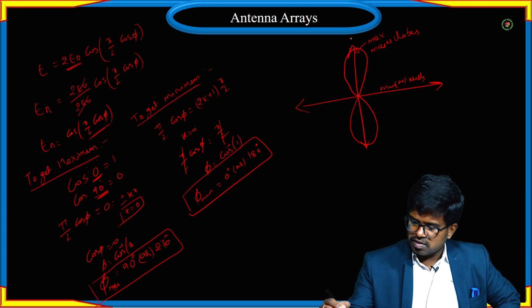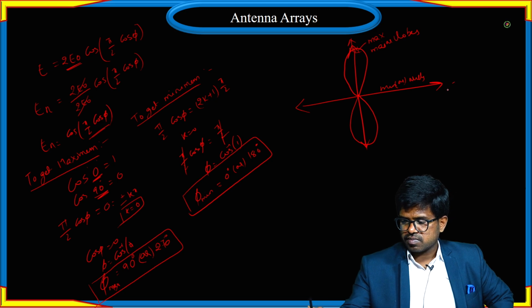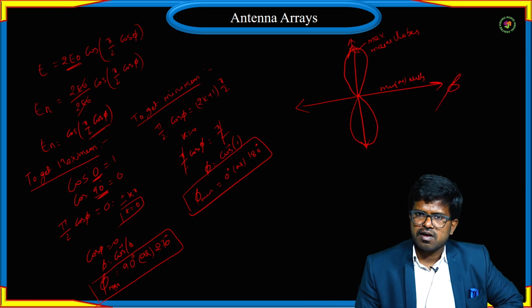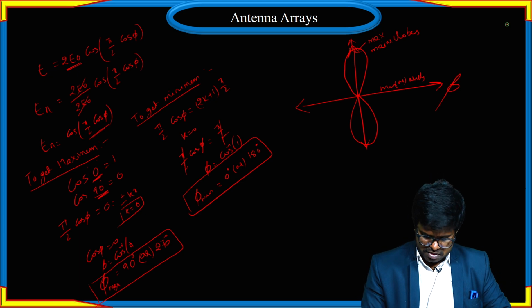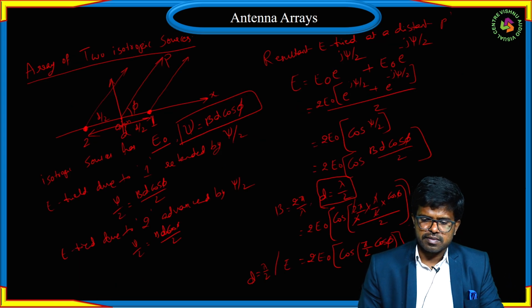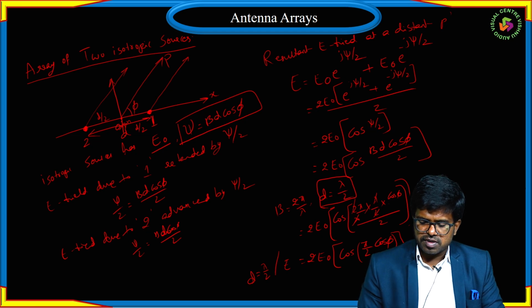Okay, this is the way we need to find out the resultant electric field of two isotropic sources. See here, if you go back, here are two isotropic sources.